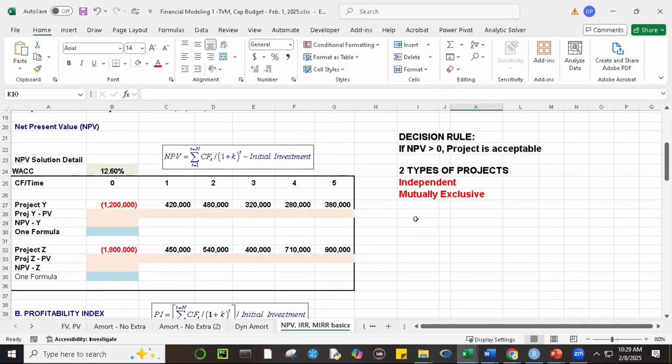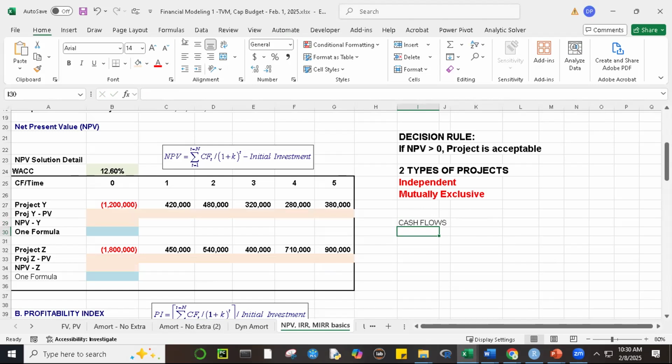Okay, when you do capital budgeting, you measure your cash flows and not your net income. So you do capital budgeting for your cash flows.